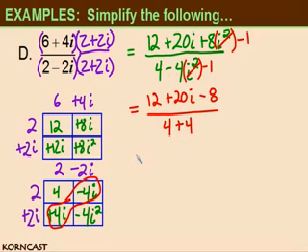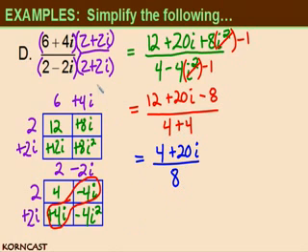Now to collect like terms, 12 minus 8 is 4, plus 20i, divided by 4 plus 4, which is 8. Now when we look at our expression, we notice that in our denominator we have a complex number without an imaginary part.